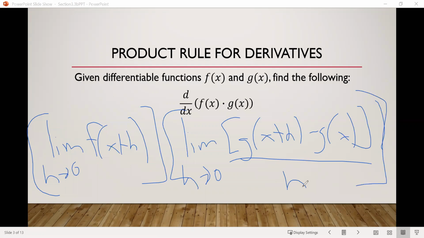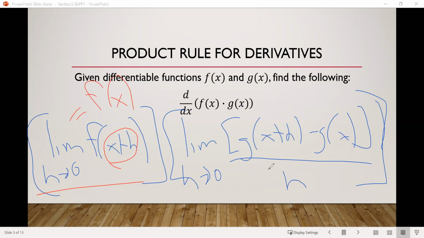Okay, and let's look at what happens in each of these limits. So for the limit as h goes to 0 of f of x plus h, well, as h goes to 0, this part on the inside here, the x plus h, is going to get closer and closer to just x. So this limit will just be f of x.